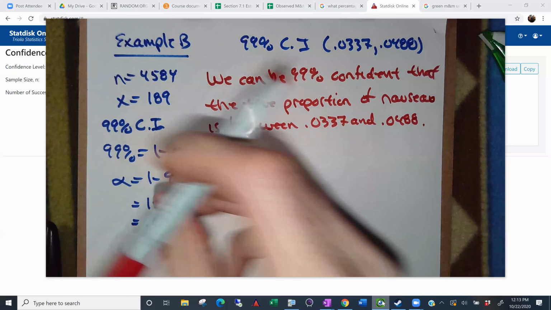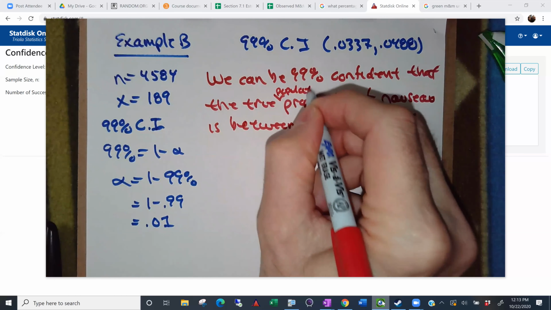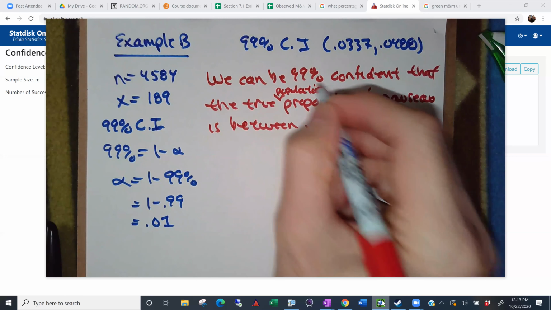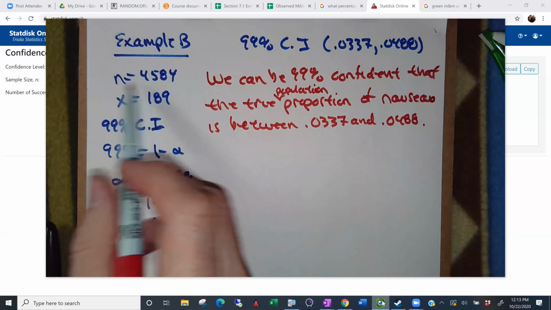I probably wouldn't mind if I put in true population proportion, because that really reminds you that this is just an estimate, the proportion that we get here.